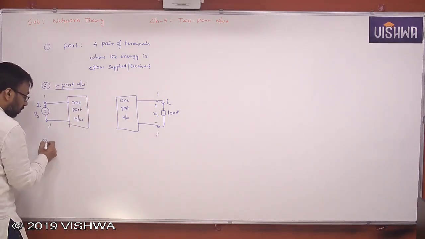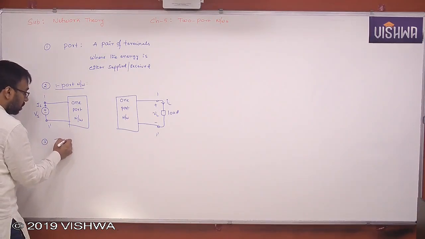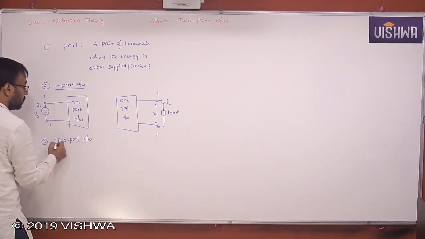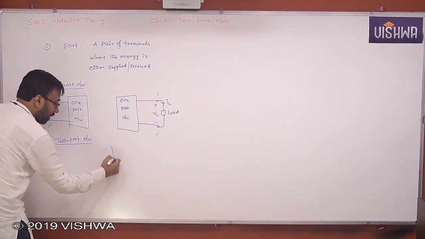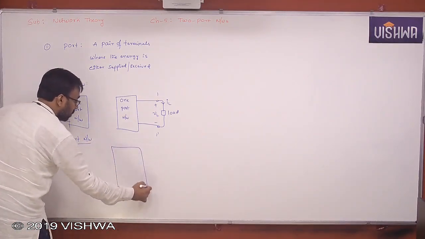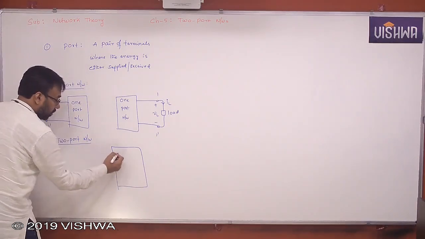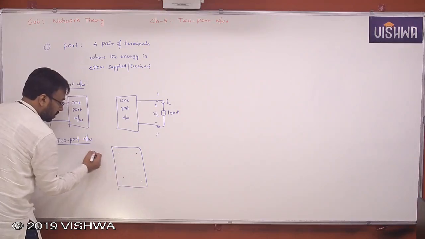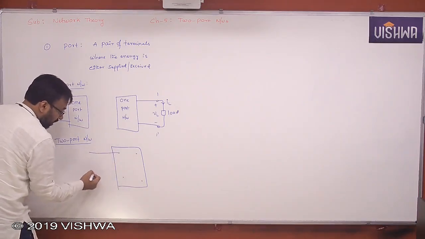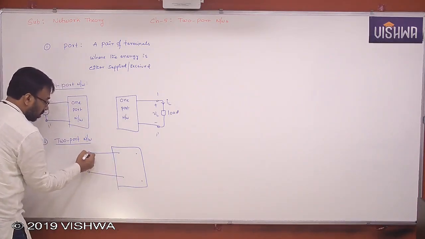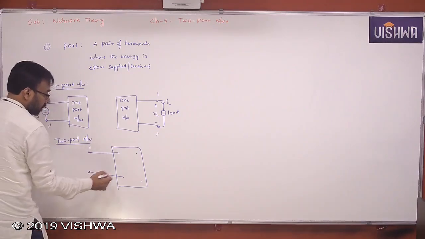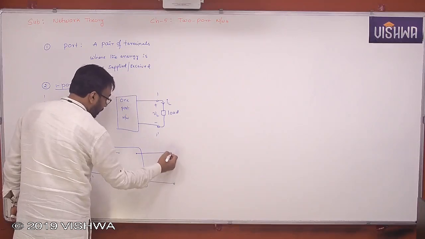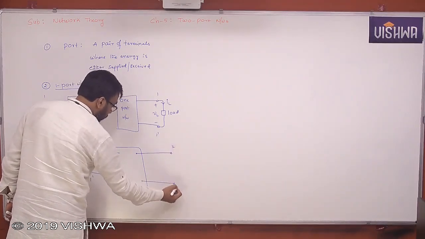Then what is a two port network? It will have two pairs of terminals, where the energy is supplied at one pair of terminals called the input port, and energy is received from the other pair of terminals called the output port.